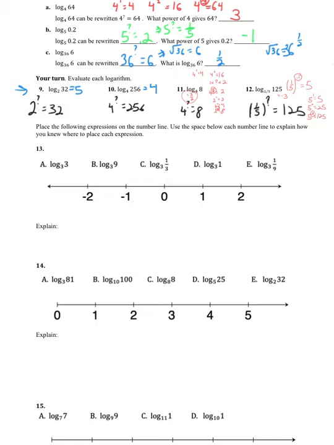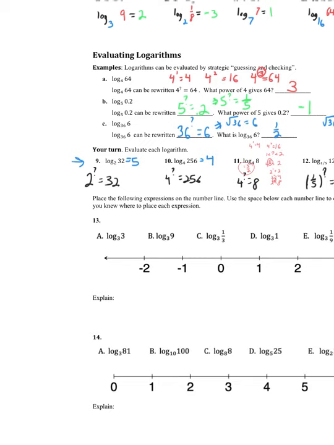Use the space below each number line to explain how you knew where to place each expression. So the first example is log base 3 of 3. So I could rewrite that as 3 to the question mark equals 3. Well, in this case, that's going to be a 1. So that means example A would fall right at 1.